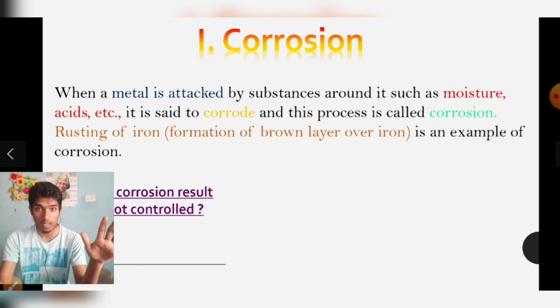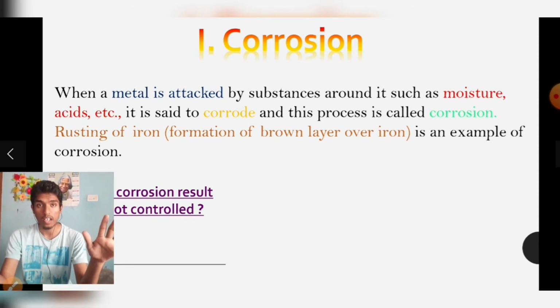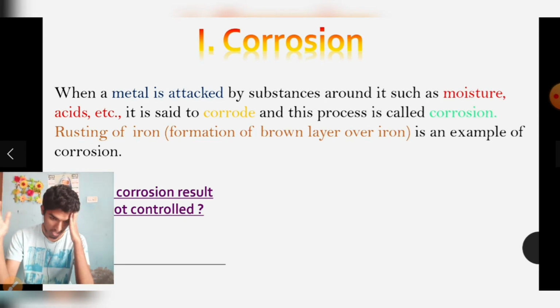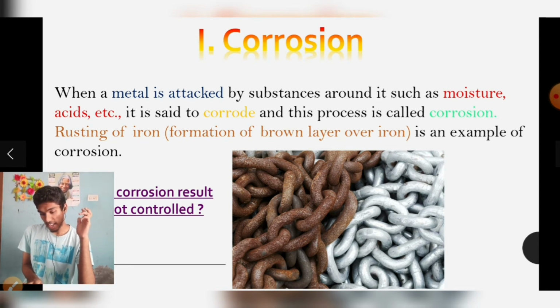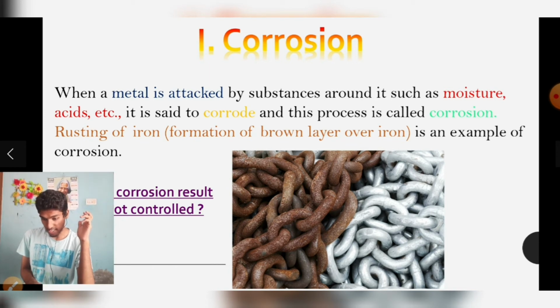This brown layer is formed because of corrosion. Here we have an iron chain, which, due to the reaction with moisture, becomes this dark brown color.